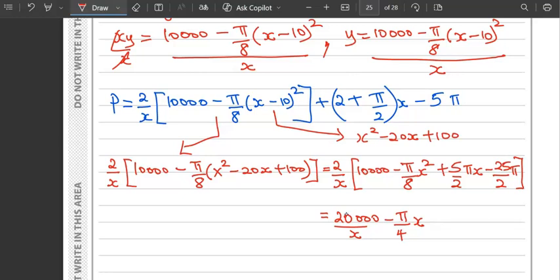Of course 2 and 2 cancel, x and x cancel, so this one will be plus 5 pi, then 2 over x multiplied by negative 25 over 2 pi, so this one will be minus 25 pi, everything over x.